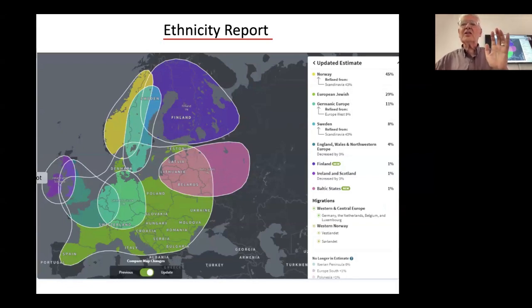But they would say it looks like roughly 43% of your genome came from somebody from Norway. Then it goes down, 8% of your genome looks like the genomes we see in people in Sweden. So it's a real mix, but now they're getting more and more refined.